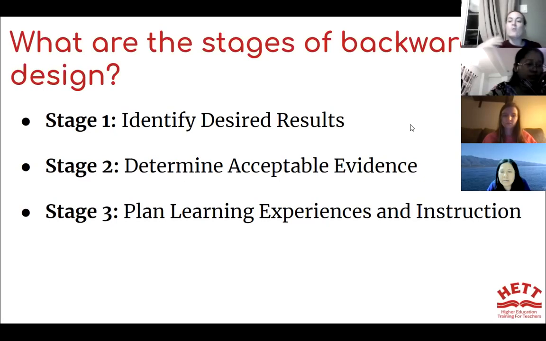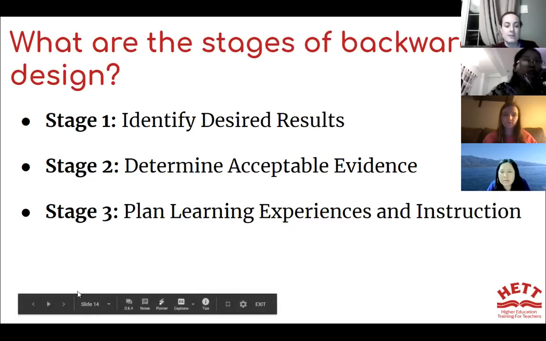Stage 2, you think of what evidence you need to check that they've reached that. How are you going to assess that they reached that result? And then after that, you plan each of your lesson plans or daily activities to reach that end result to be assessed. So those are your 3 stages.